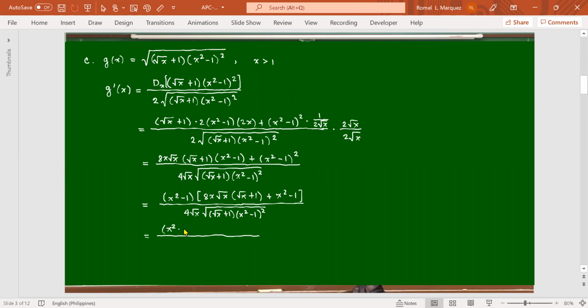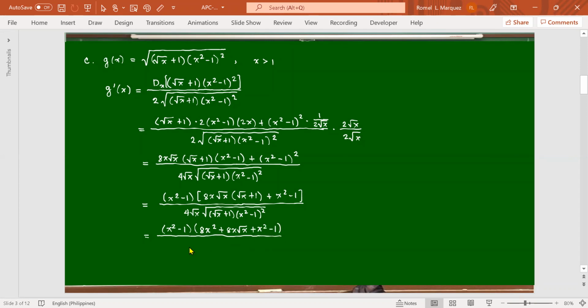Copy x squared minus 1. What about this, guys? Multiply nyo sa loob: 8x squared, plus 8x square root of x plus x squared minus 1.